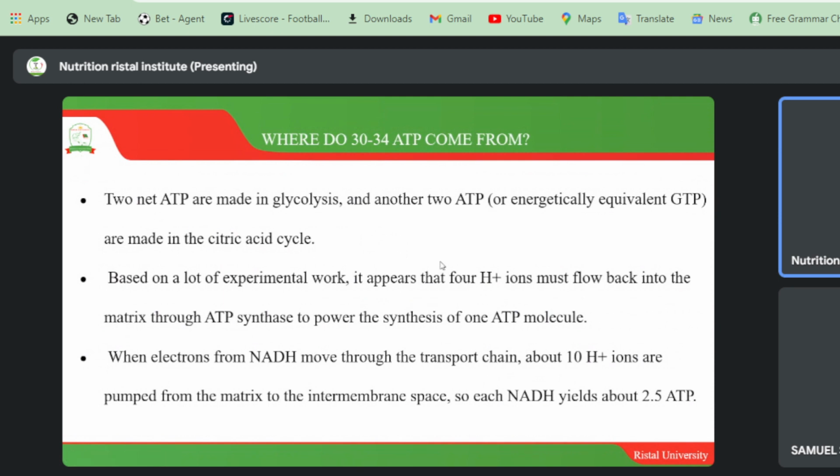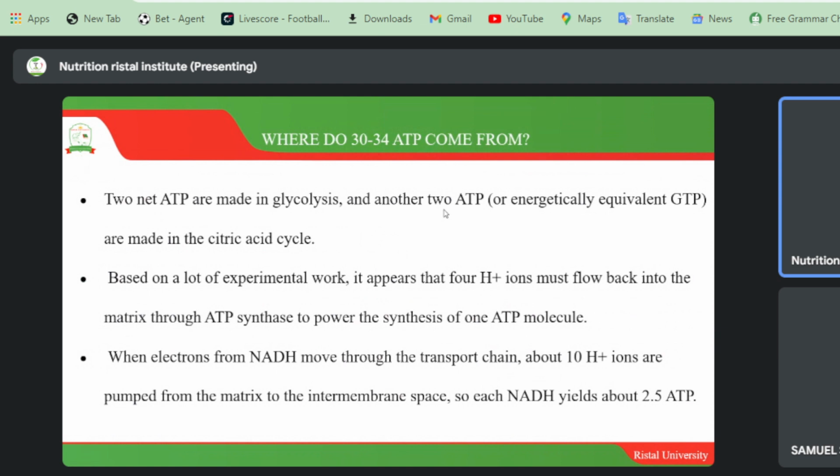And sorry, I didn't talk about the Krebs cycle. Two ATP molecules are also produced from the Krebs cycle, meaning we have four ATP molecules in store: two from glycolysis and two from the Krebs cycle. Then in the electron transport chain, the energy depends on the number of NADH and FADH2.